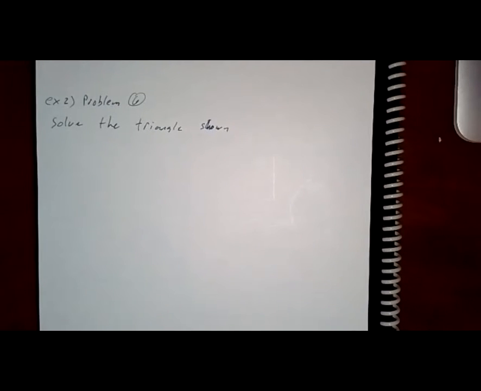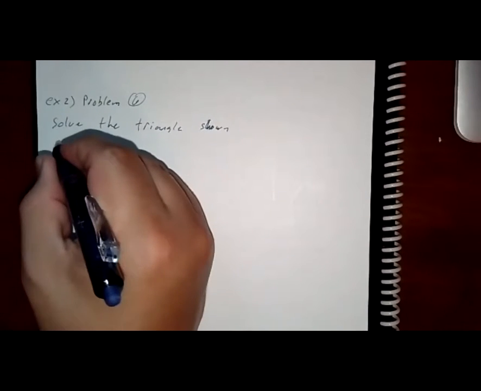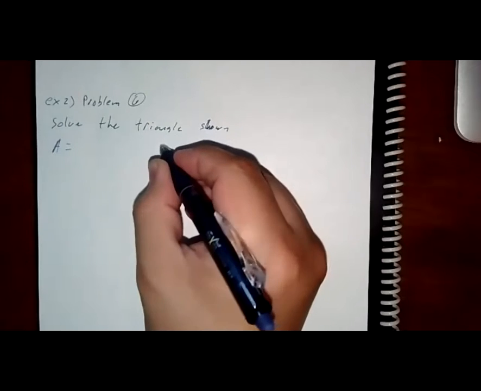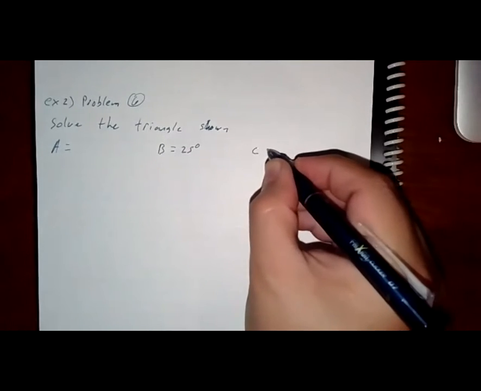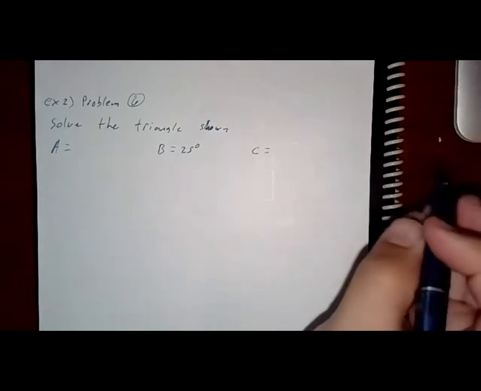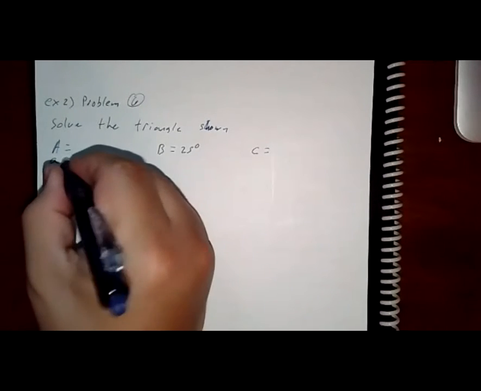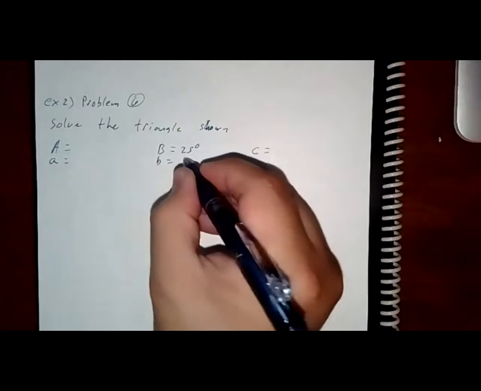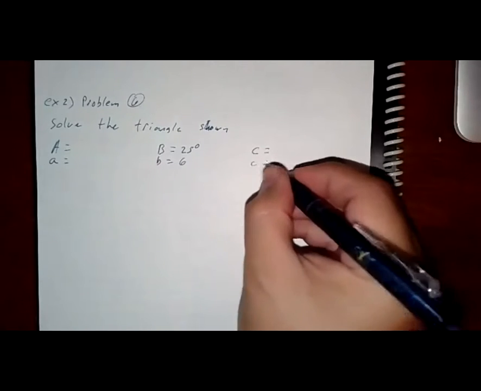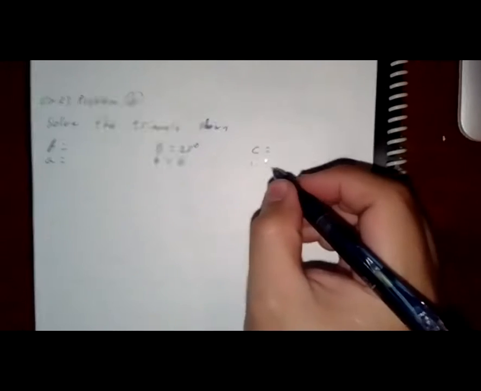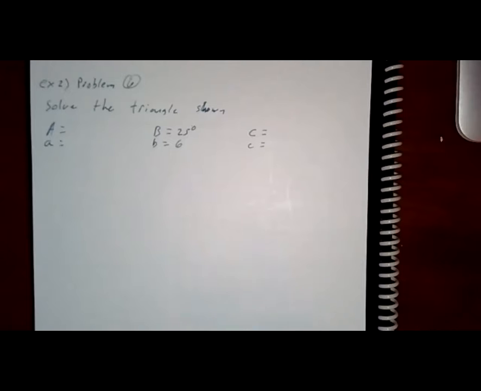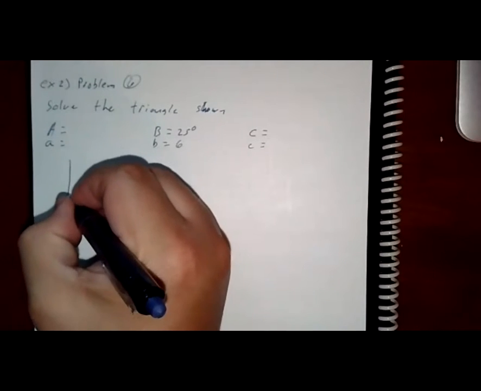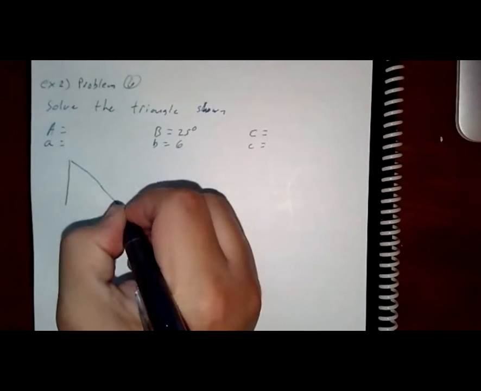I don't know what's wrong with my writing today. So we don't know A. They did give us capital B. It's a right triangle, so that's implied. Little a is not given. Little b is 6. Little c is something. My c's look the same, but please know this is capital C. You can put a bar in it if you want. All they give us is those pieces plus a picture of a triangle.